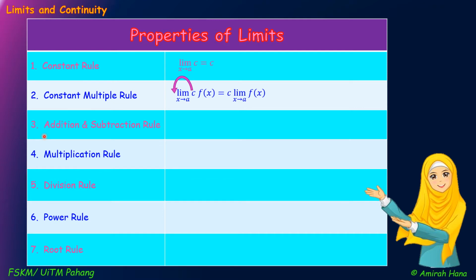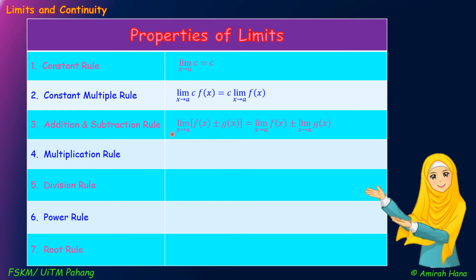Property number 3, the addition and subtraction rule. The limit as x approaches a of f(x) plus g(x) equals the limit as x approaches a of f(x) plus the limit as x approaches a of g(x). We separate the limit.